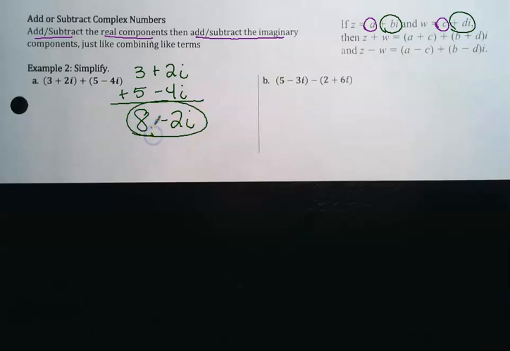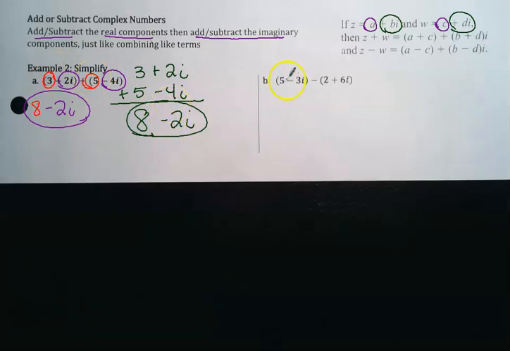Or you can group them here. 3 plus 5 is 8, and then a positive 2i and a negative 4i is negative 2i. However you want to look at it. I prefer the combining like terms idea, this red and purple, versus having to rewrite them and stack them.